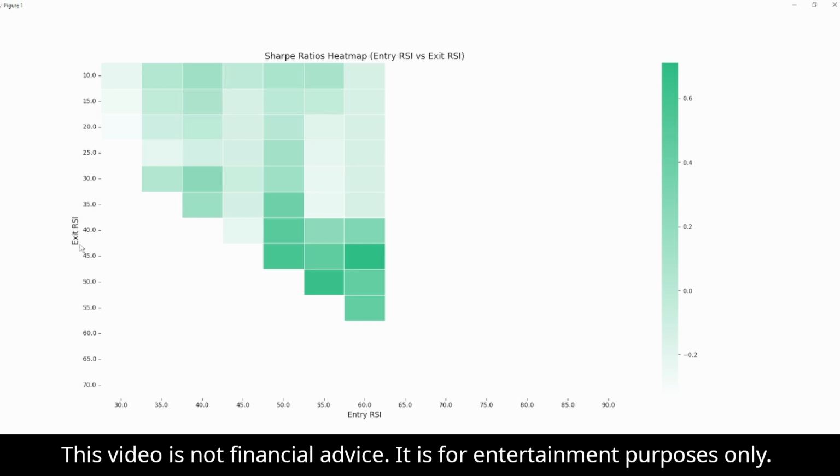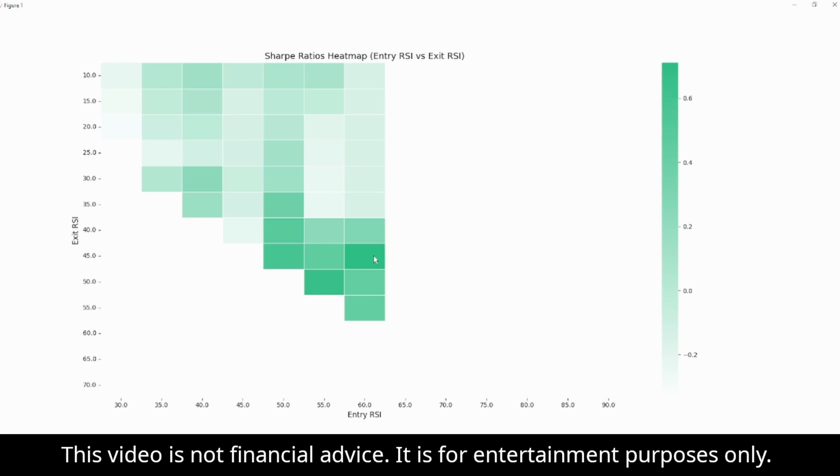So the RSI length is fixed, but it is the RSI values themselves that are of interest to us on this heat map. And the color shows the Sharpe ratio, so the greener the better. As you can see, there are very few results which are very good here with a Sharpe ratio above 0.4, or that can reach 0.6 and more, but we don't have Sharpe ratios that are above 1.